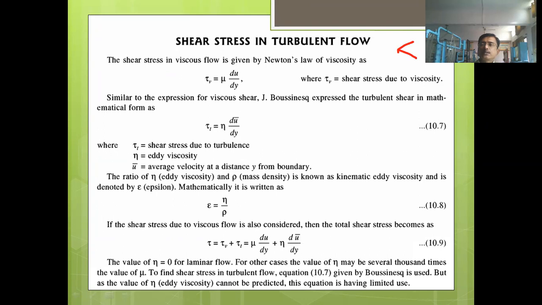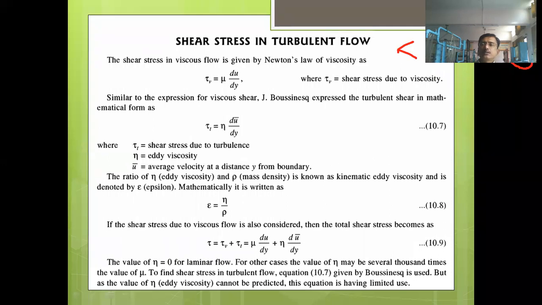Here tau can be written as tau v also, the viscous shear stress. Mu is the dynamic viscosity, u is the velocity, and y is the distance between two plates, and du by dy we call the velocity gradient.